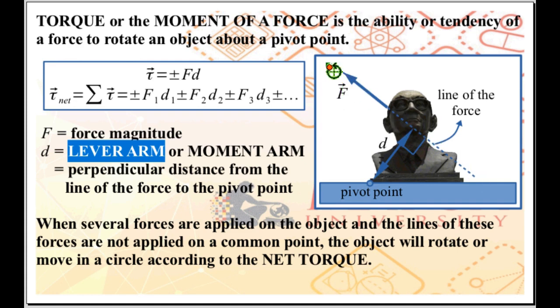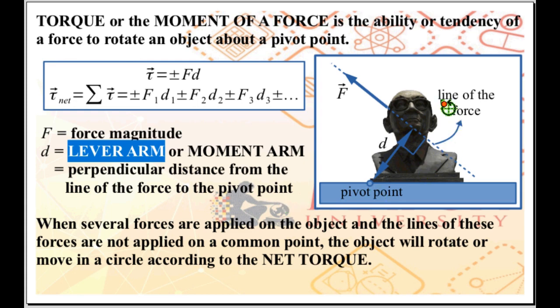Some books refer to this as the line of action of the force. And distance d is perpendicular to the line of the force. Lever arm d is the perpendicular distance from the line of the force to the pivot point.